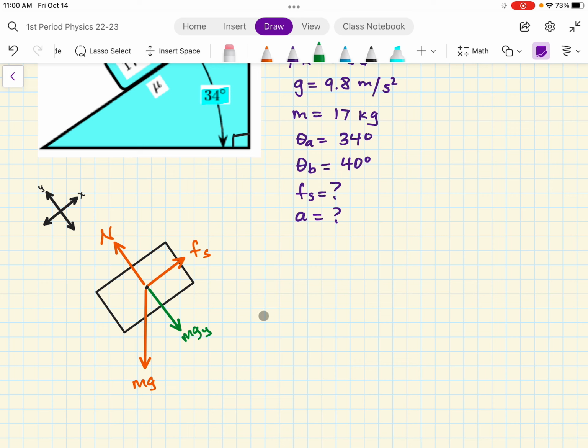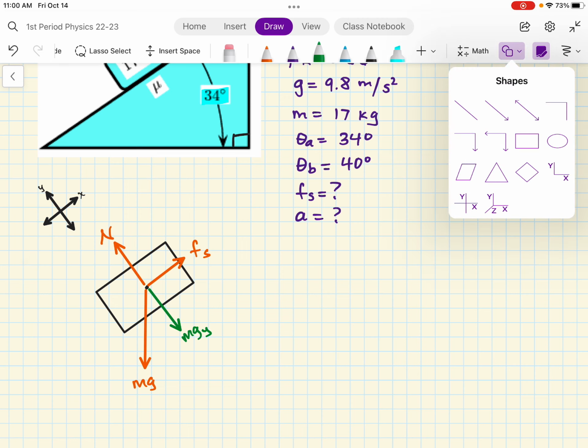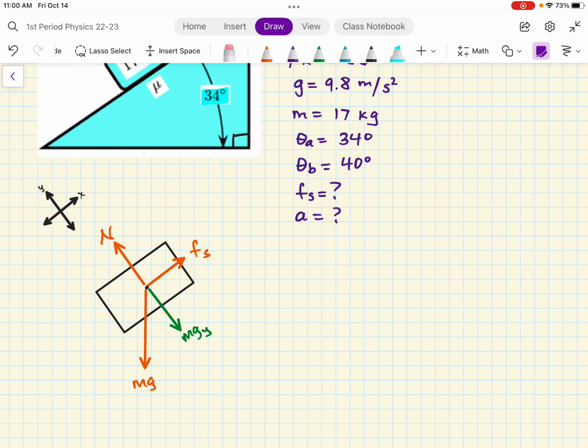That's the component of the weight acting along the y direction. Now let's draw the other component. Don't forget they have to be equal and opposite because the system's not moving. This is the component of the weight acting along the x direction. This one I'll call mgx.